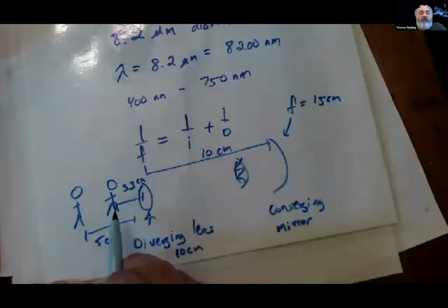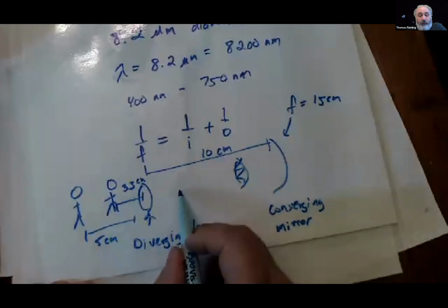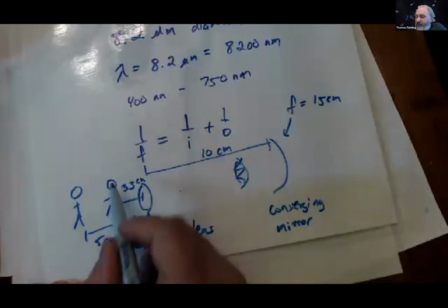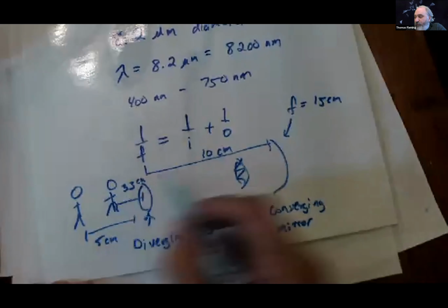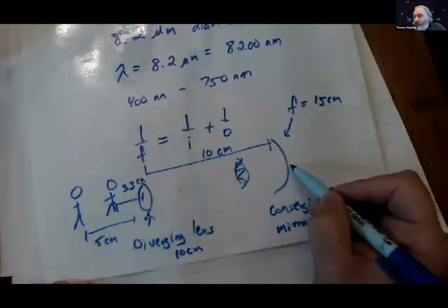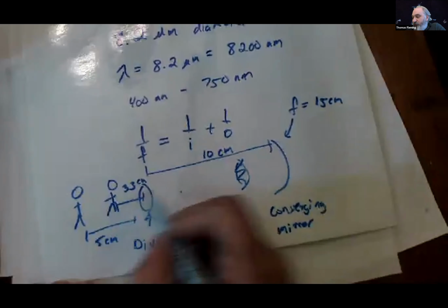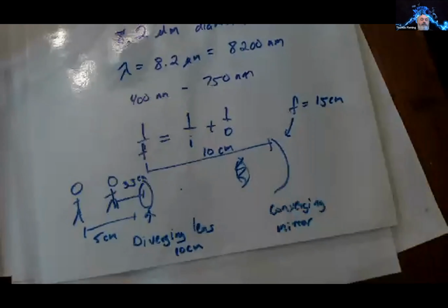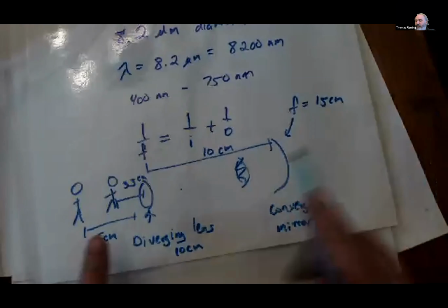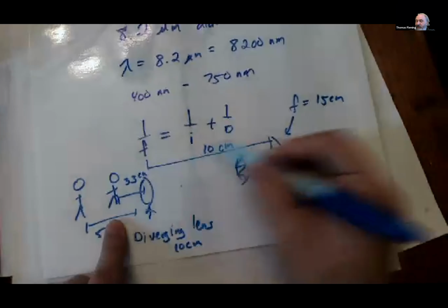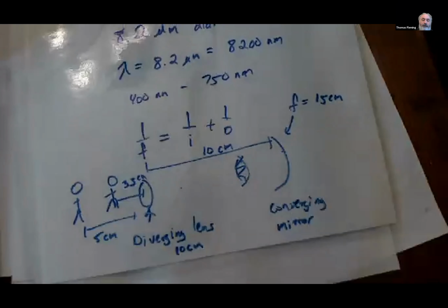Had I gotten a positive 3.33, it would have been over on the other side. But now this image is the object for this mirror. So how far is it from this image to this mirror? Is it 13.3? Yes, because if this is 3.33 and this is 10, adding them together gives 13.33.